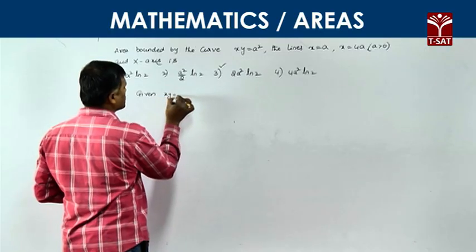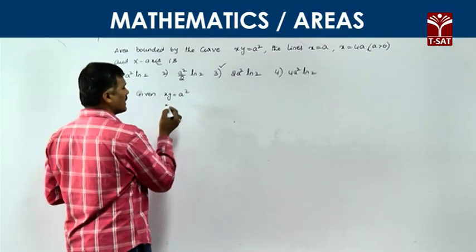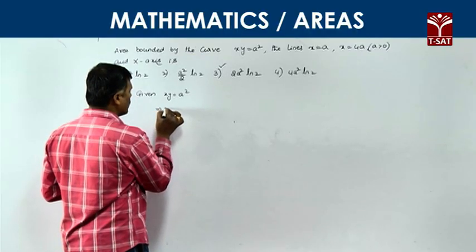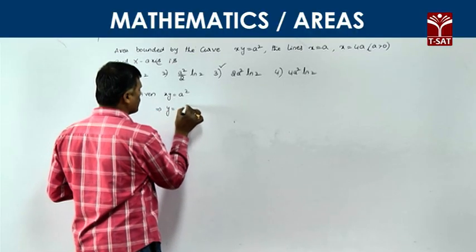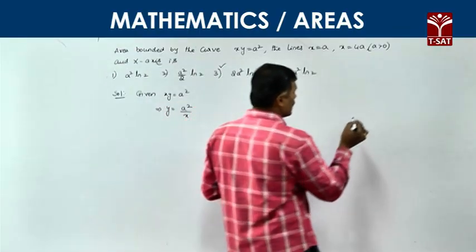Given xy = a², which is in the form xy = c², it is a rectangular hyperbola, that implies y = a²/x. Now a rough diagram.